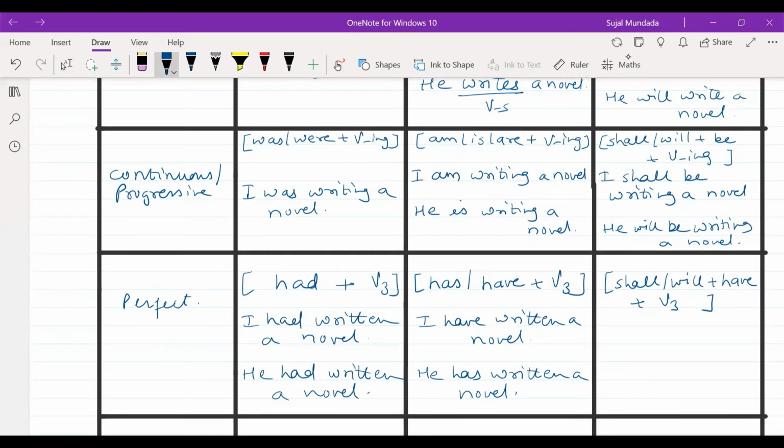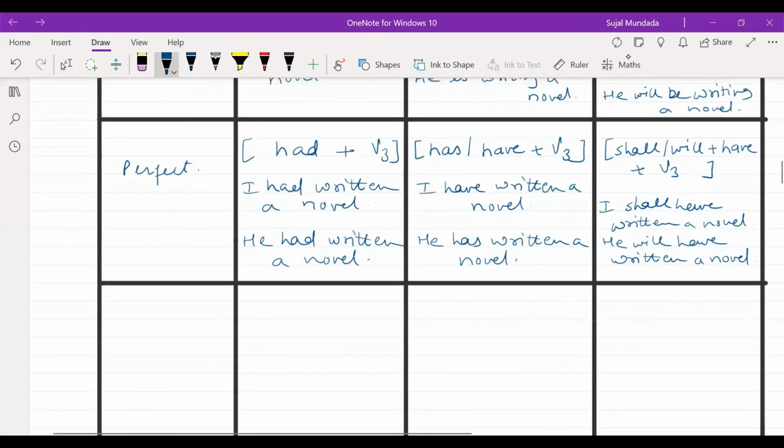Future perfect tense. I shall have written a novel, or he will have written a novel.